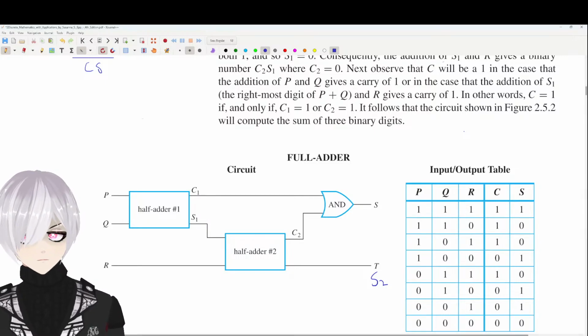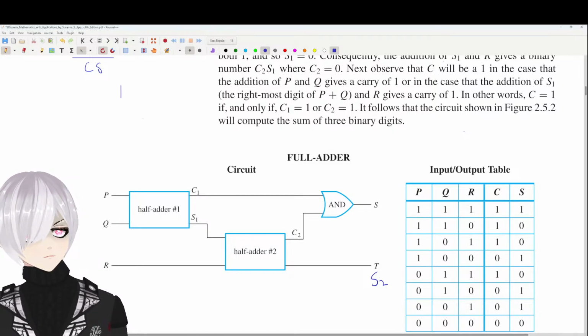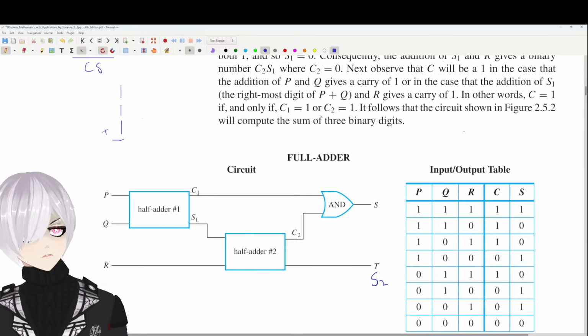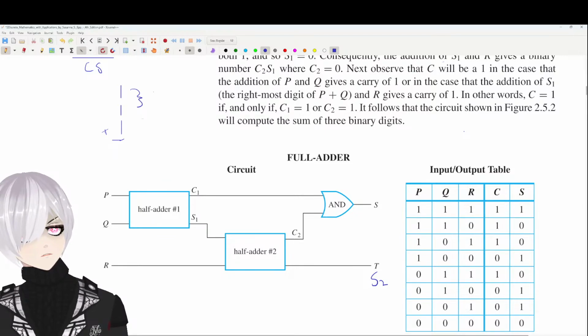Yeah, because what they're writing as the S there, that's what they called C originally. It's the leftmost digit of our final sum, and they showed that the leftmost digit of the sum is going to be 1 precisely when either C1 or C2 is 1.